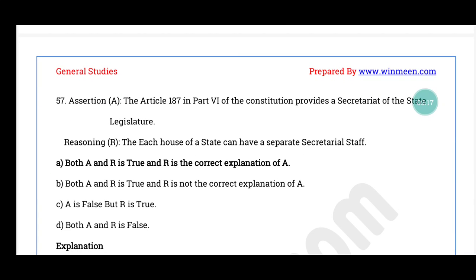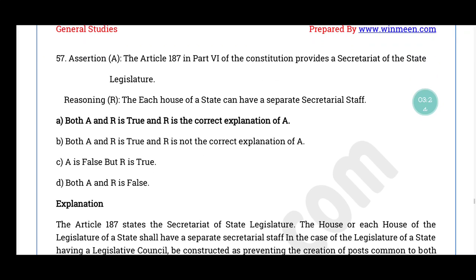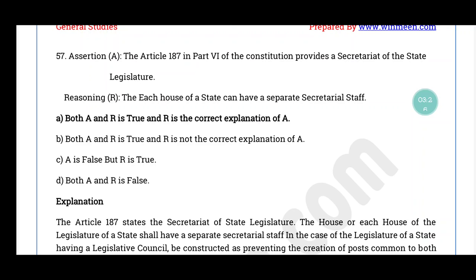Question number 57. Assertion: the article 187 in part 6 of the constitution provides a secretariat of the state legislature. Reasoning: each house of a state can have a separate secretarial staff. The correct answer is option A. Both the statement and the reason are true, and the reason is the correct explanation of the statement.